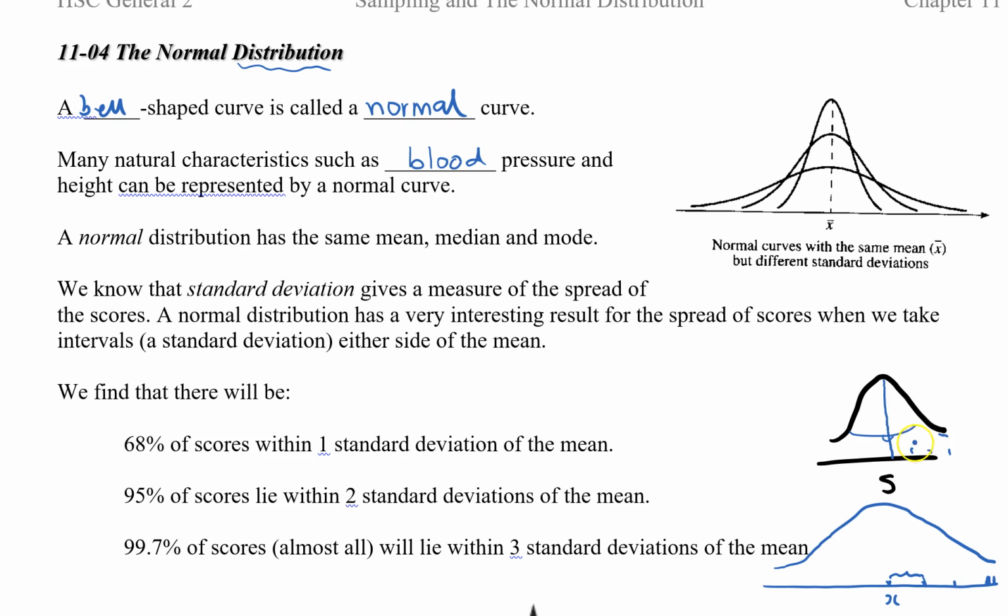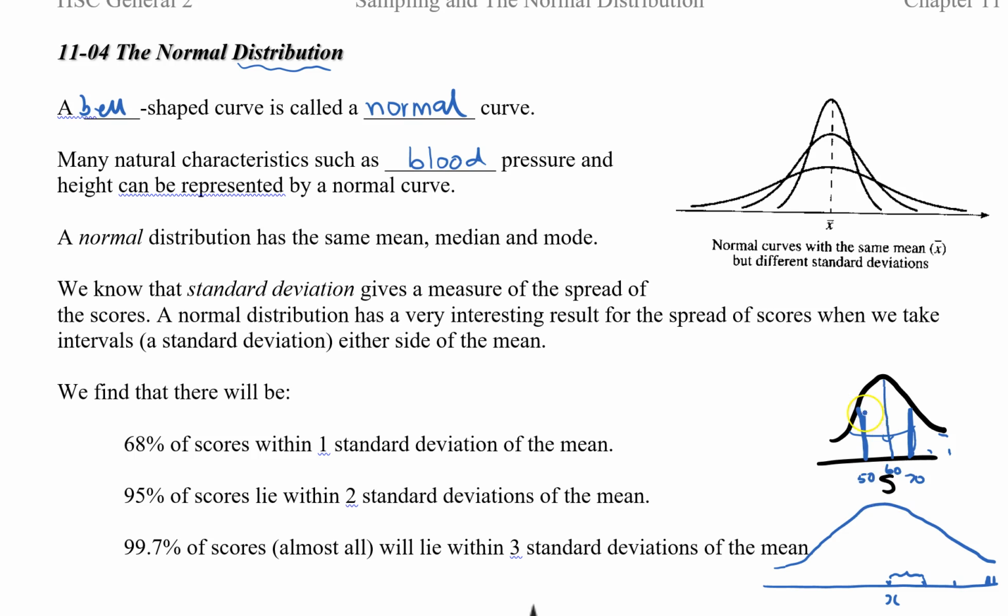Now again, there's something really interesting if we look even closer at 1 standard deviation above the mean and we take the same distance below the mean. So if this, for example, was 60 and the standard deviation was 10 units, the next deviation would take us up to 70 and down to 50.